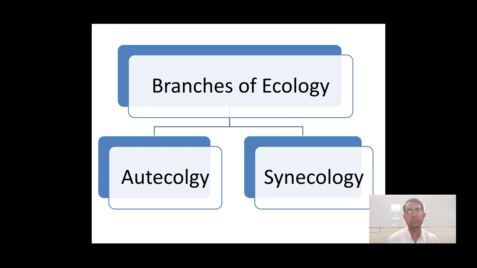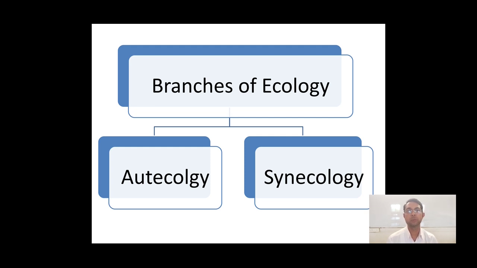Now moving to the branches of ecology, we can say that in ecology there are two main branches, autecology and synecology. Autecology is nothing but the study of a single organism, whereas in synecology we study the organisms and the relationship of these organisms along with the environment and other living organisms.